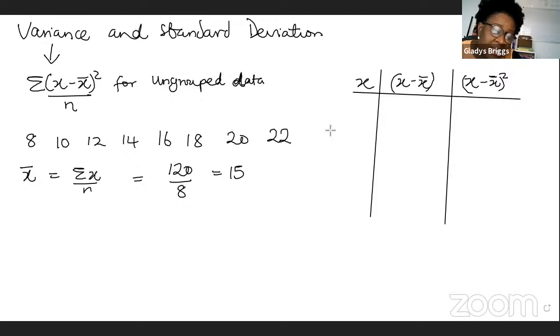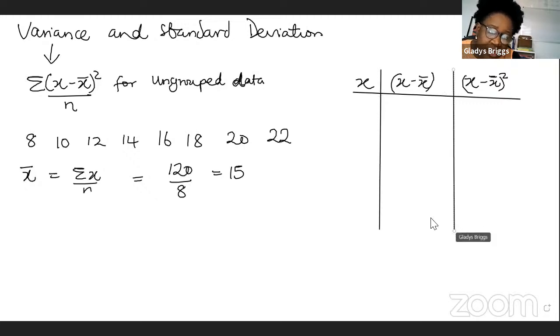Now there are ways you can work these things out on your calculator, and we know that, but NCC requires you to follow step by step so that you know how to do it even without your calculator. So I'm going to put these in: 8, 10, 12, 14, 16, 18, 20, and 22.